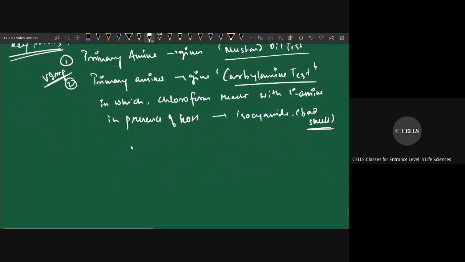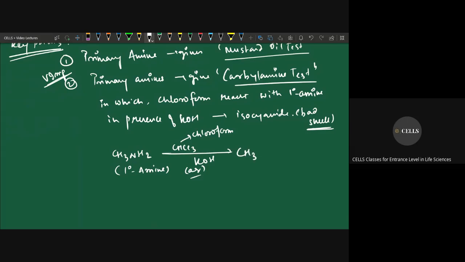So the reaction is, suppose this is the primary amine, and this is CHCl3, which is nothing but chloroform. In the presence of aqueous KOH, we get CH3NC.